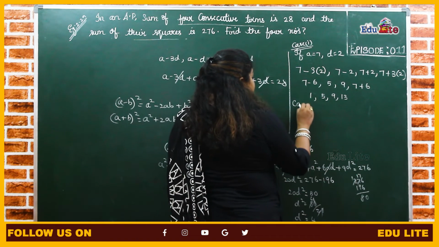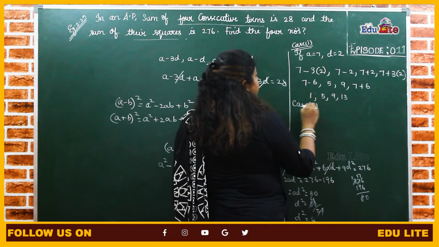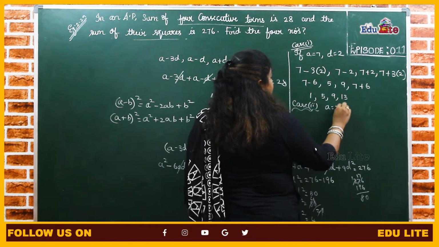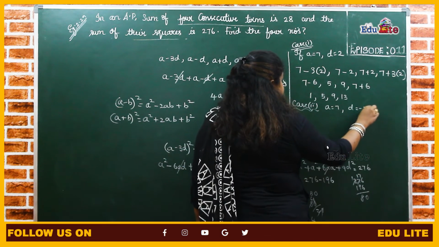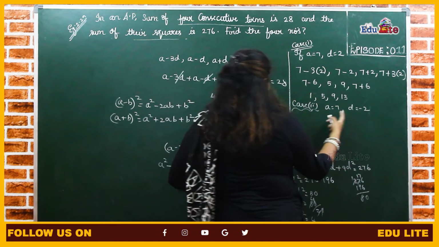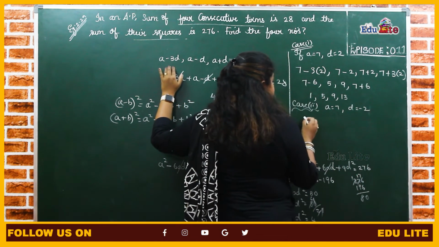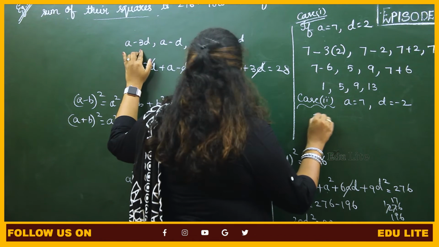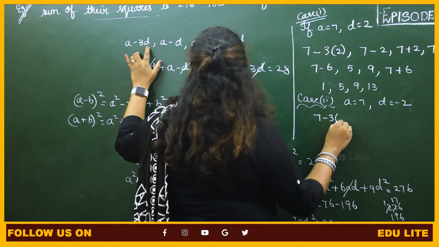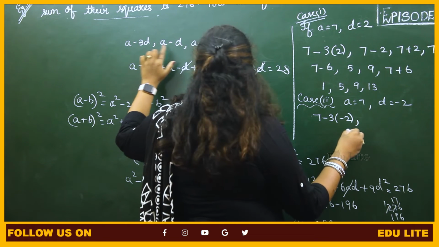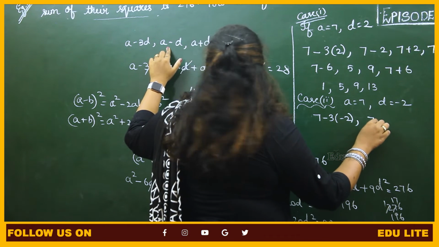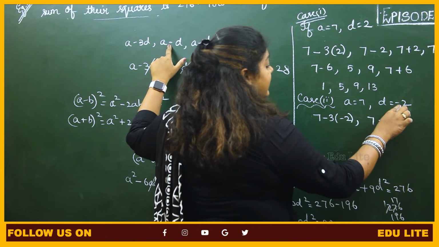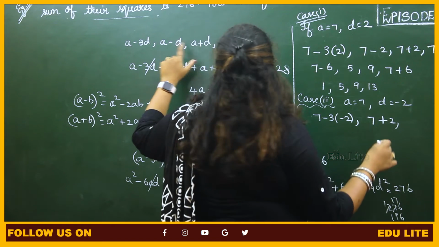In case 2, we have to consider the value of A as 7 and D as minus 2. We have to substitute in the same 4 consecutive terms. So A value is 7 minus 3 into D value minus 2, comma, A value is 7 minus, in D we have one minus, so it will become plus 2.